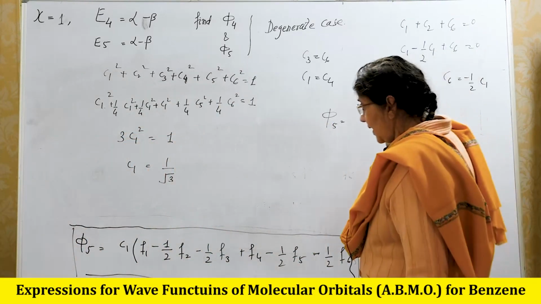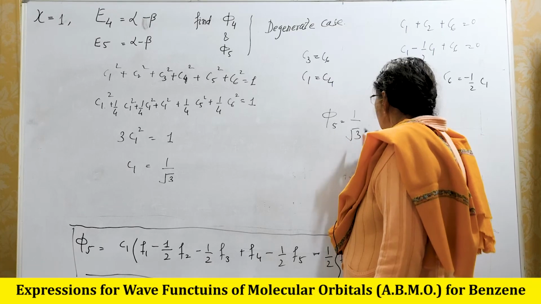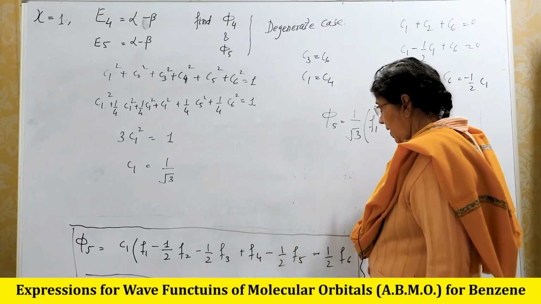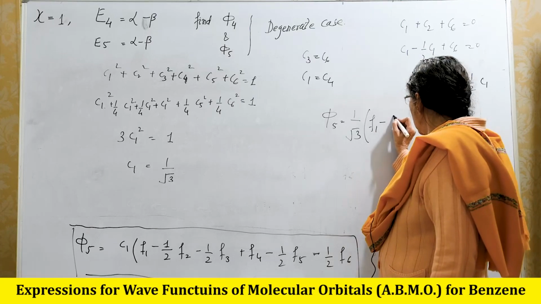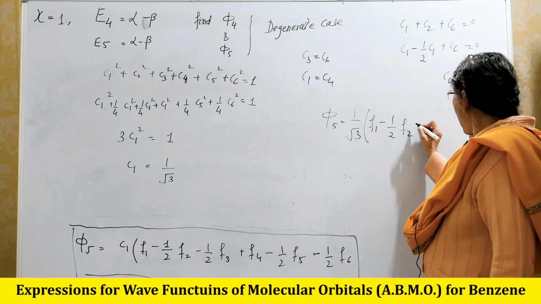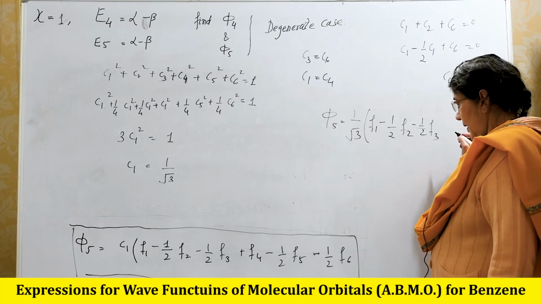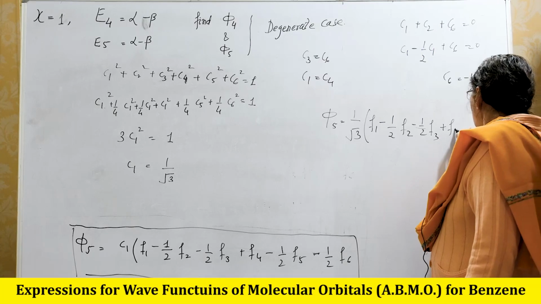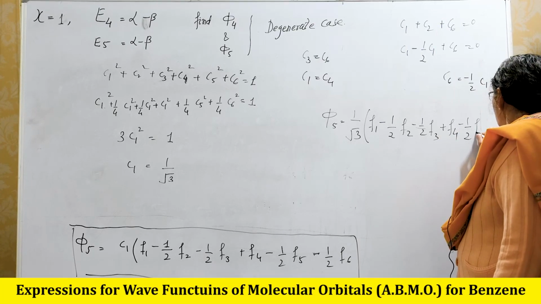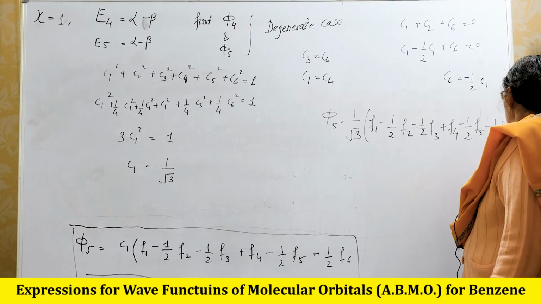Phi 5 is 1 by root 3 F1 minus half F2 minus half F3 plus F4 minus half F5 minus half F6.